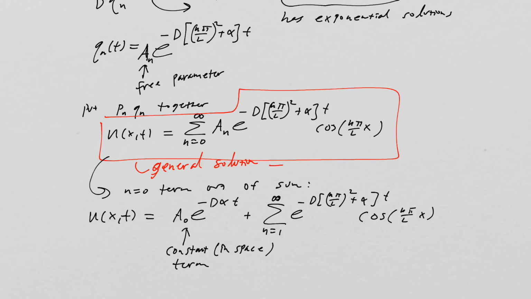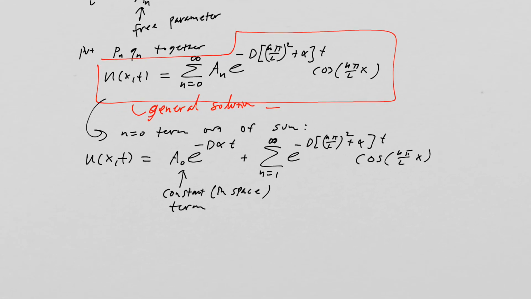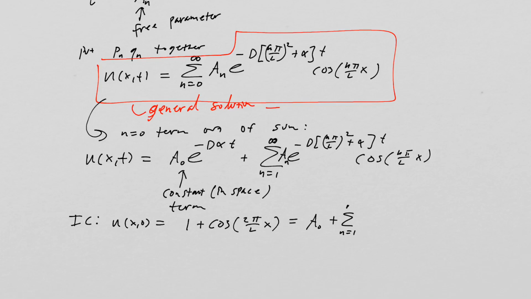All right, so what we want to do now is look at that initial condition, which is u of x comma 0 is equal to 1 plus cosine 2 pi over L x. So that has to equal a naught plus, oh, sorry, I forgot my an there. I'll put the an in the sum above. Sum n equals 1 to infinity an cosine of n pi over L x.